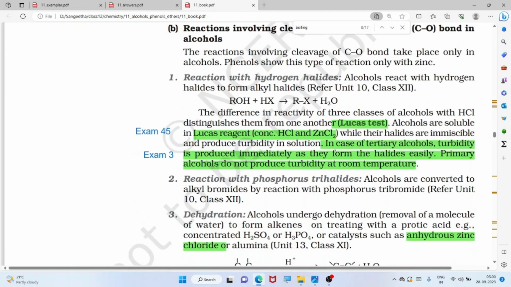So this is the reaction. In tertiary alcohol, the derivative is formed immediately, so it is more reactive than the primary. So you can go through it.